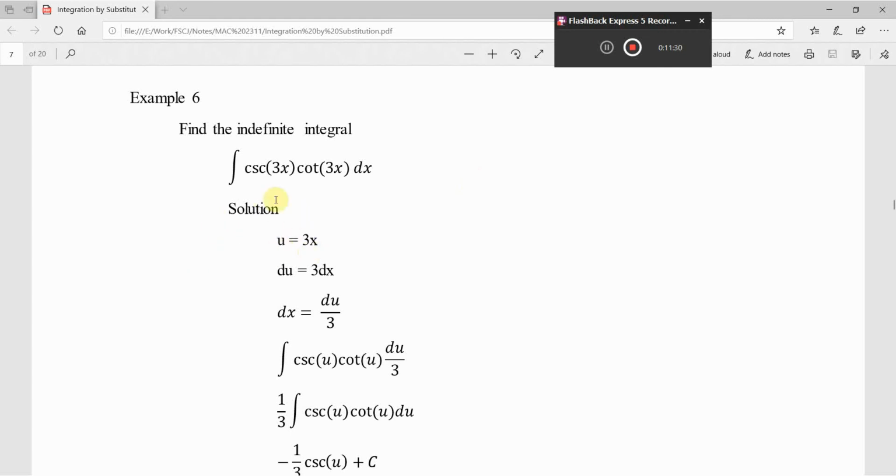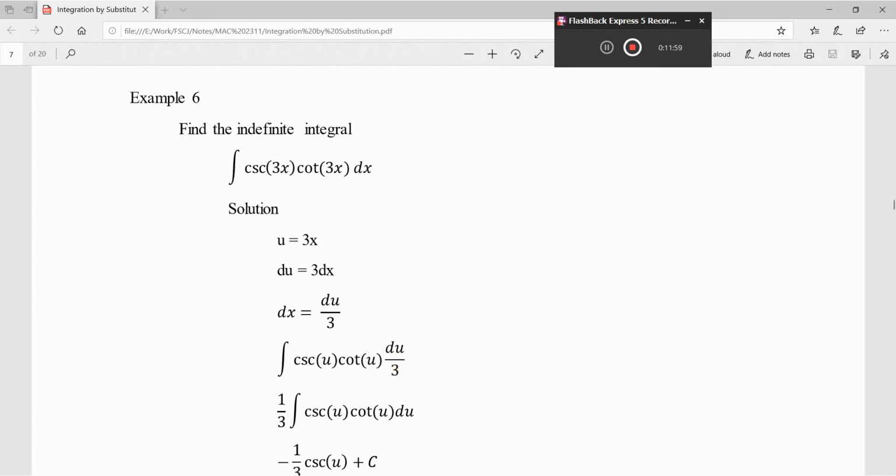So u is equal to 3x, the stuff that's inside my grouping symbol. du is equal to 3 times dx. Solving this for dx, that gives me dx is equal to du over 3. So now when I do my substitution, this gives me the integral of cosecant of u times cotangent of u times du over 3.